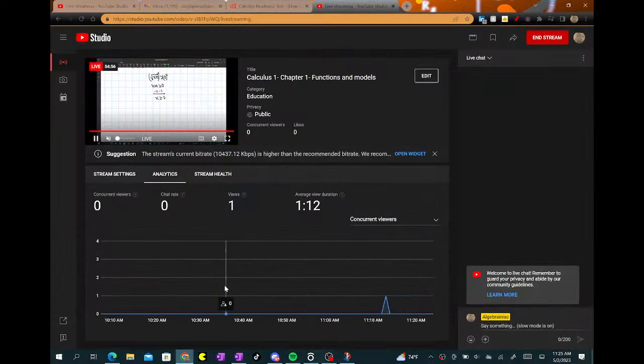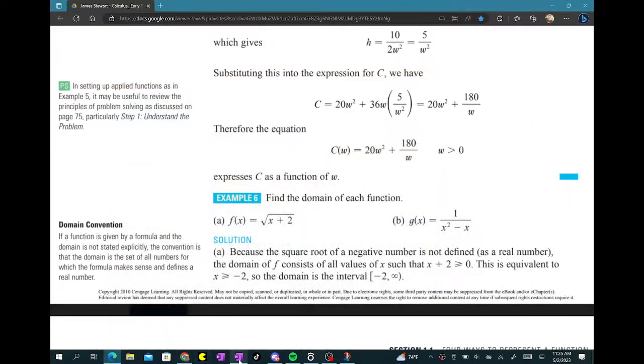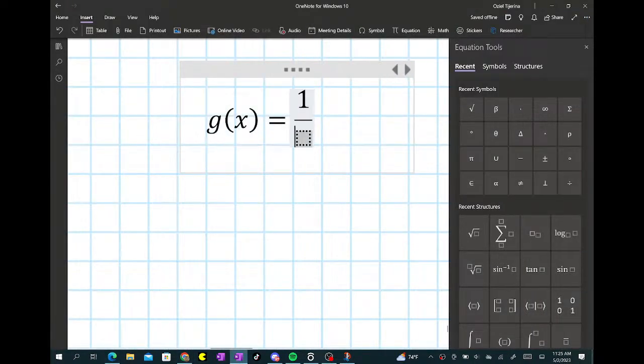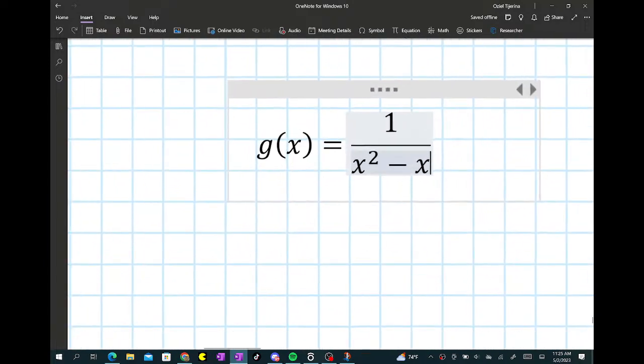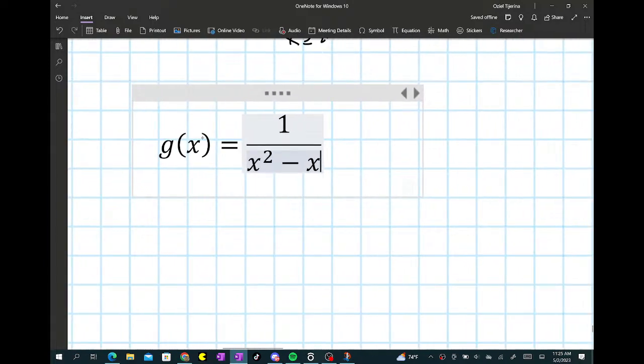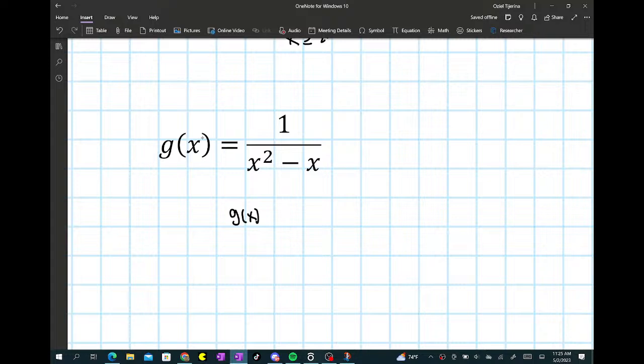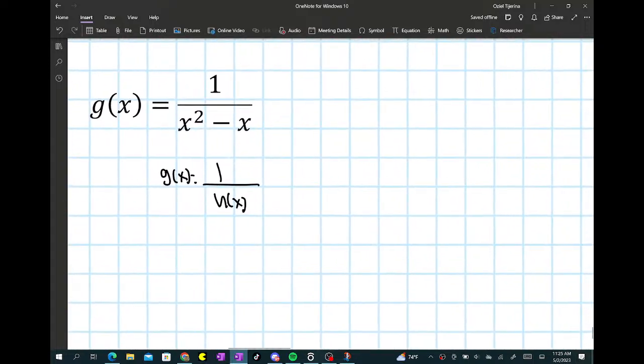g of x equals 1 over x squared minus x. All right, now this one, when we have a rational function, we always say that the domain is x such that x does not equal whatever x value makes the denominator equal to 0.